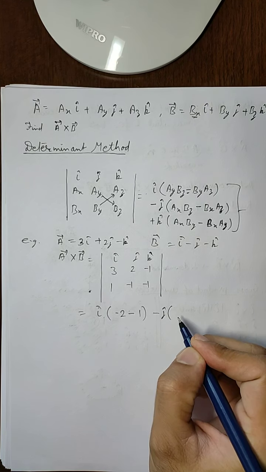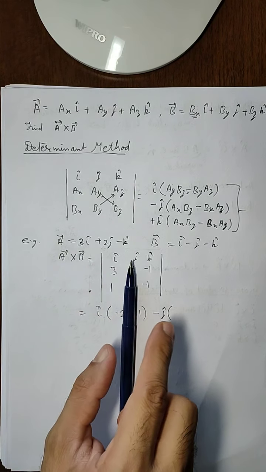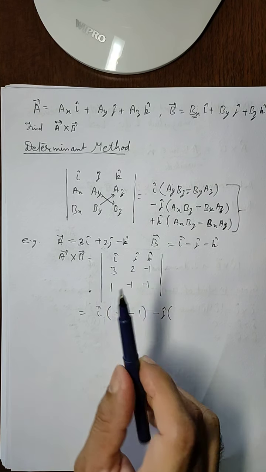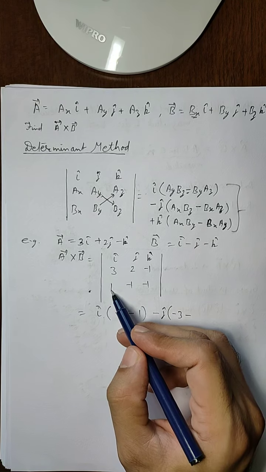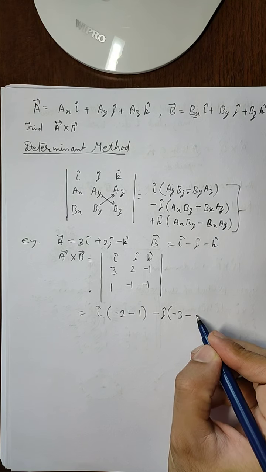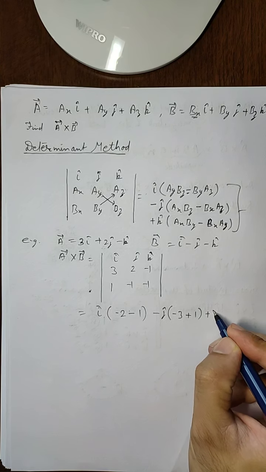Now minus j cap, cross multiplication: 3 into minus 1 will be equal to minus 3, minus 1 into minus 1, so it will be equal to minus 1, so it will become plus 1.